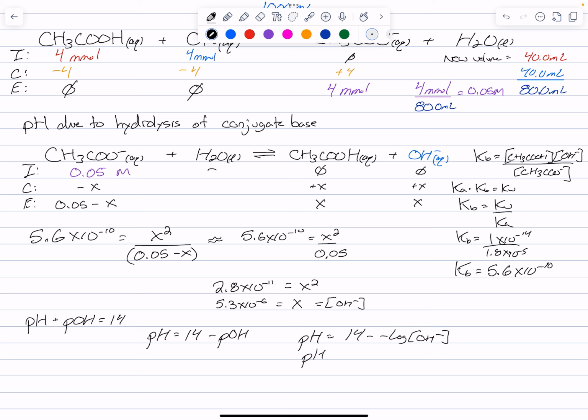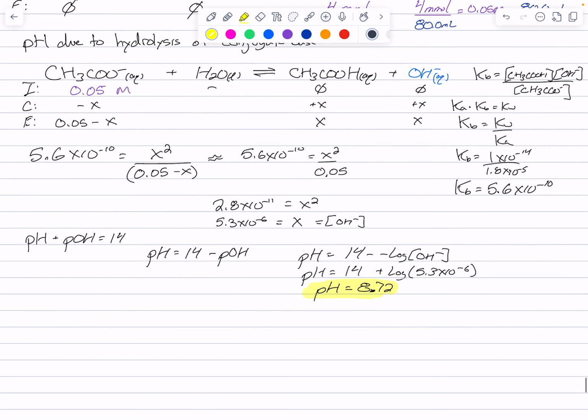That means the pH is 14 plus the log of 5.3 times 10 to the negative 6. So pH, hopefully you're getting the same thing, 8.72. That's what I'm getting for 3. Wow, that was a lot.